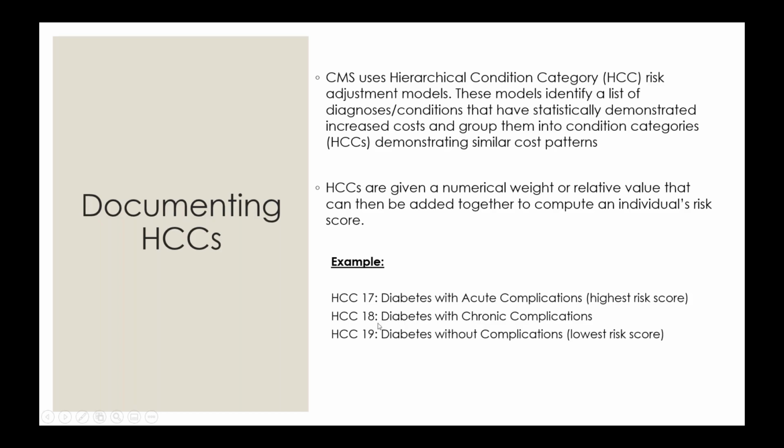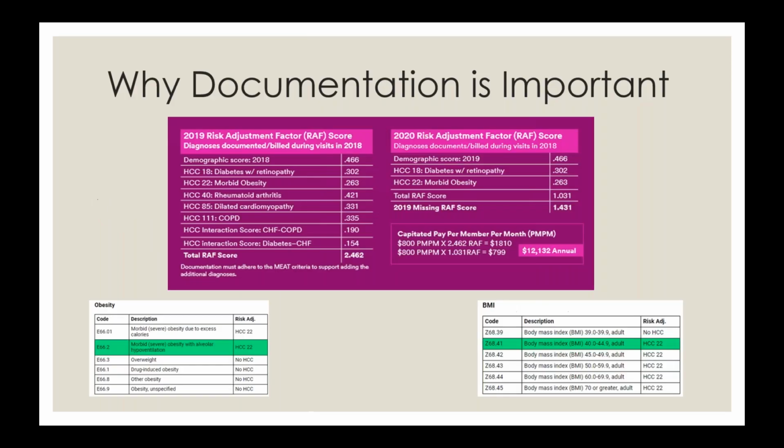And then your HCC category 18, which is diabetes with chronic complications, that's just your average risk score, but it is higher than HCC category 19, which is diabetes without complications. And so that gives you your lowest risk score, and that's that E11.9 code for type 2 diabetes unspecified. So that one gives you your lowest risk score, and then with your chronic complications or your acute complications, that gives you a higher score.